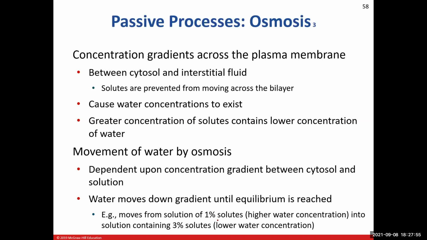So for our purposes for osmosis, water can move across the plasma membrane, but the solutes can't. So because of that concentration gradient, we'll see that there's a movement of water.